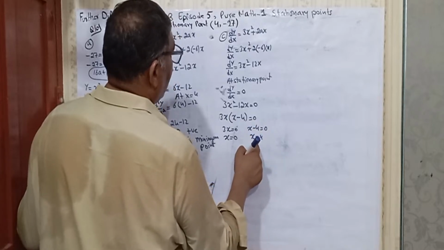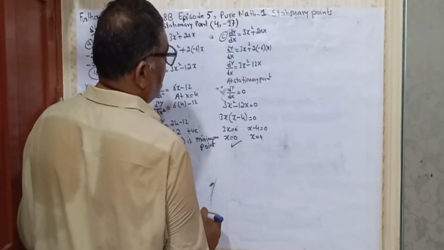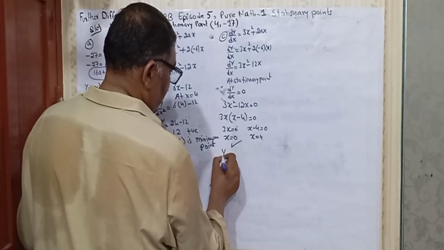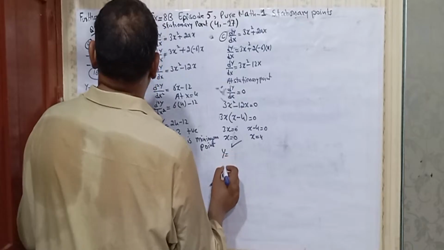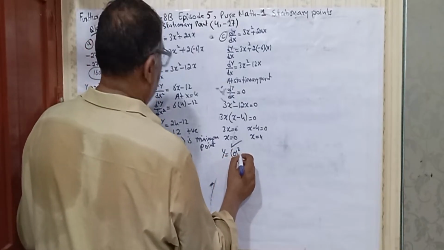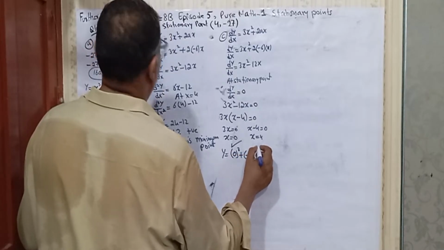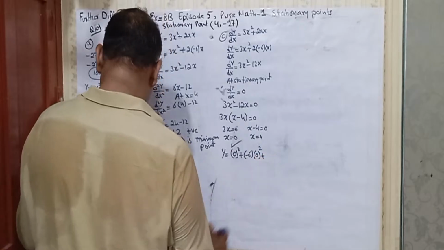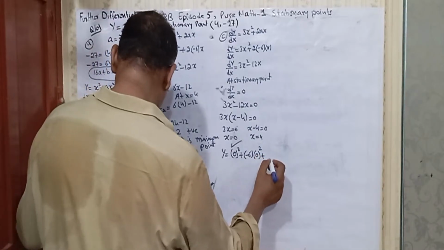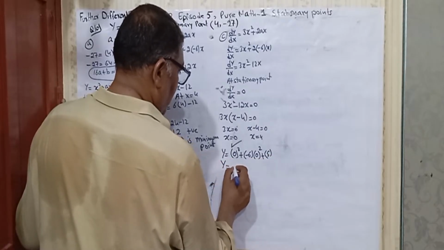This point we already know, so this is my other point. If I want to find the coordinates of this point, I will put this in the original equation. y is equal to 0 cubed plus minus 6 into 0 squared, plus b, and the b value is 5, so the y-coordinate will be 5.